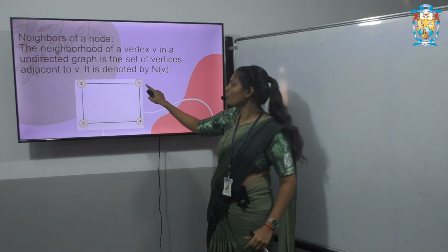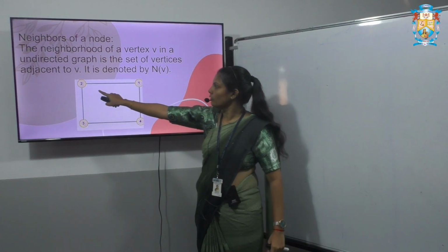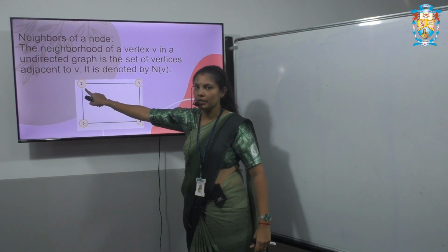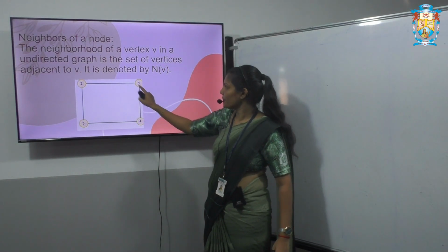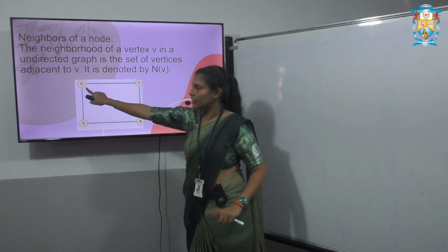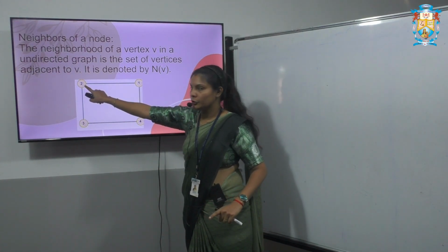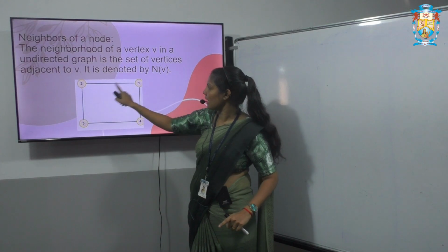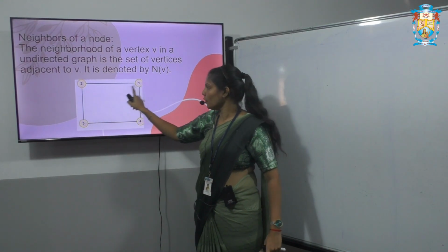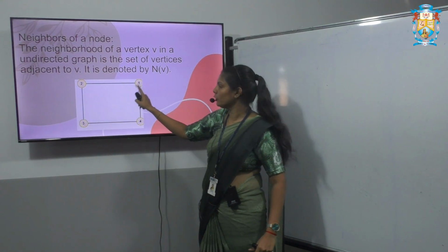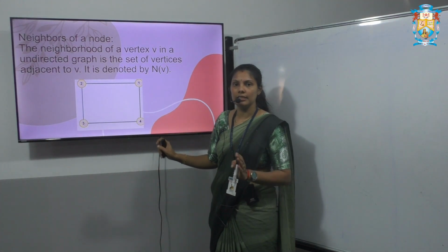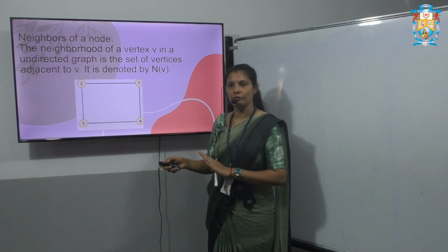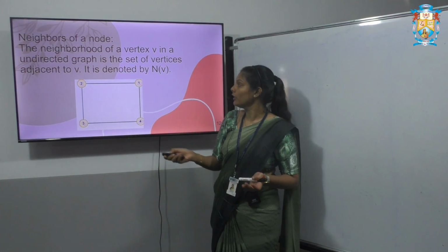So N of 1 is equal to 2 and 4. Now in the case of 2, the adjacent vertices are 1 and 3. So N of 2 is equal to 1, 3. This is regarding the neighborhood of a vertex, or the neighbors of a node.